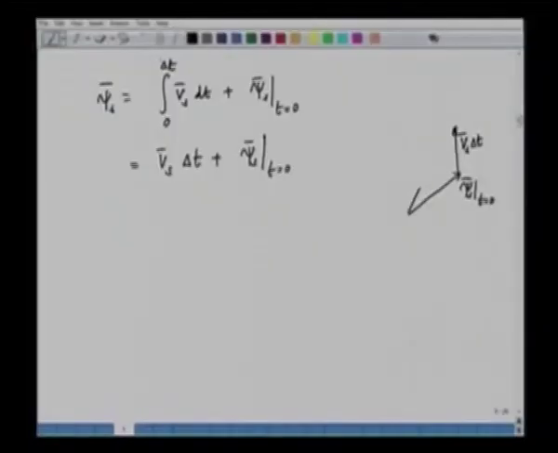If we complete this vector triangle, we will get the resultant here. This resultant is psi s. So, in this vector triangle, one side is psi s at t equal to 0, the other side is Vs into delta t, and the third side is the stator flux vector, psi s.